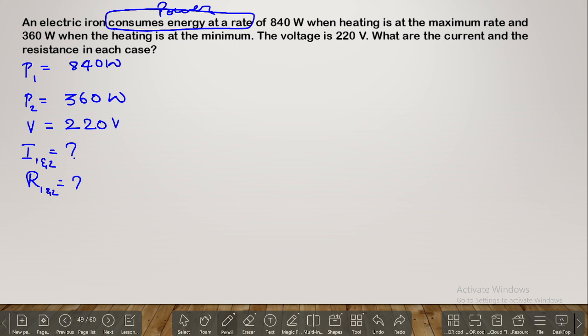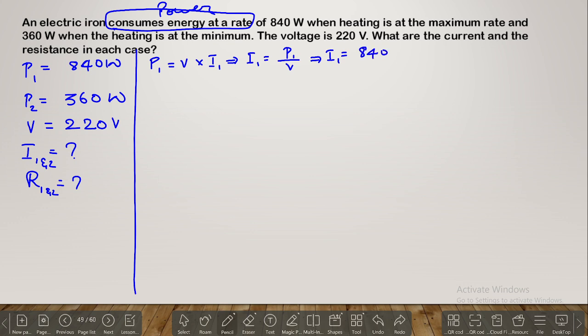Clear? Now let's find the current in case 1. What formula am I going to use? P1 is equal to V into I1. If I need I1, how does the formula rearrange? I1 is equal to P1 by V. What is the value of P1? 840 by, what is the value of V? 220.